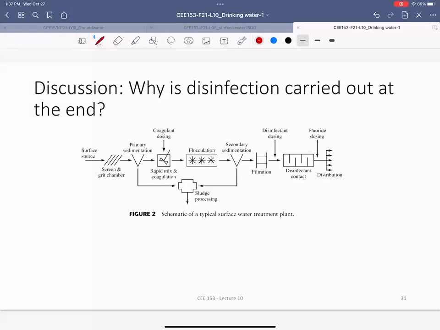And those radicals, although short-lived, can break down other organics and form specific organic chemicals, called disinfection byproducts, based on what else is in your water, and form cancer-causing pollutants, particularly if you have lots of ammonium. So if your drinking water has lots of nitrogen, and you have these organic carbons, and you do disinfection, you are actually producing cancer-causing chemicals.